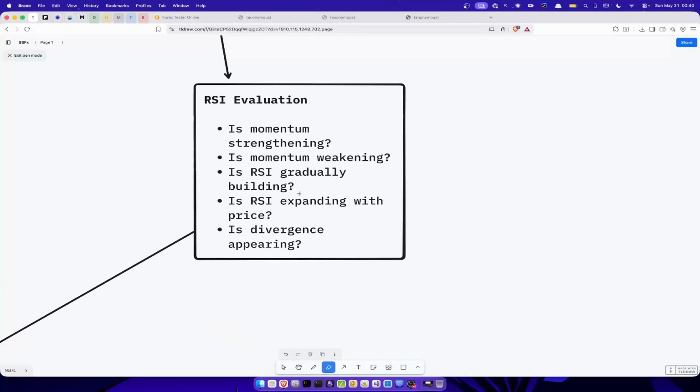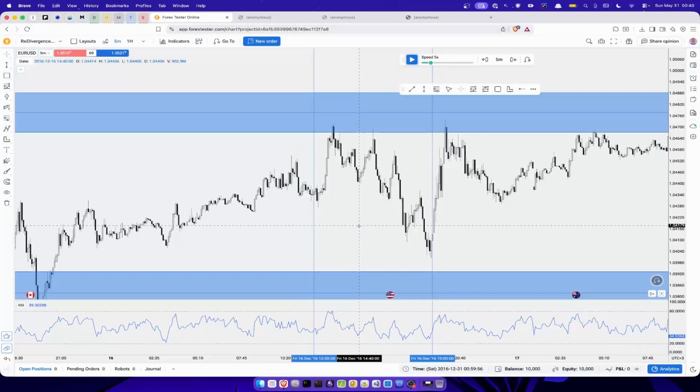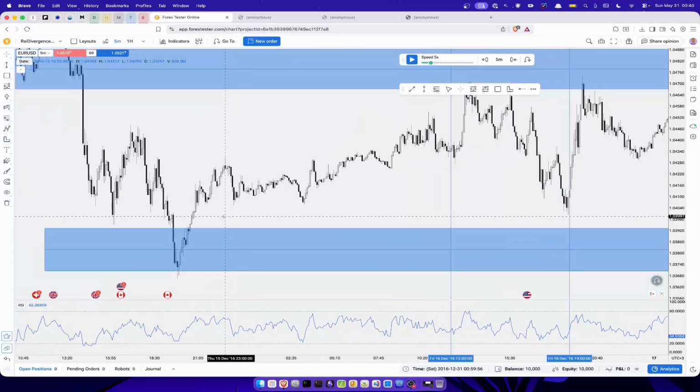Before I jump into the points related to the RSI, let me just show you what the market was doing as it was approaching this level. As you can see, the market was initially very, very bullish here. It reacted very strongly to this level and started moving with a lot of momentum, in my personal opinion.